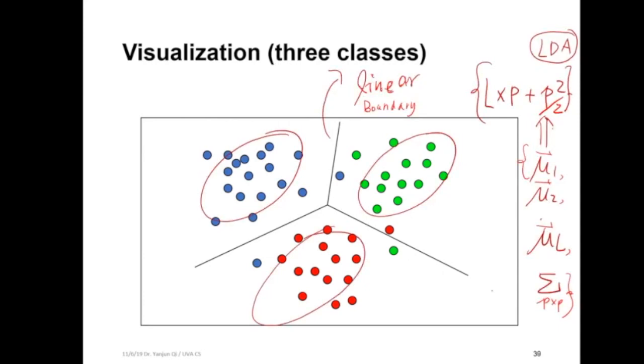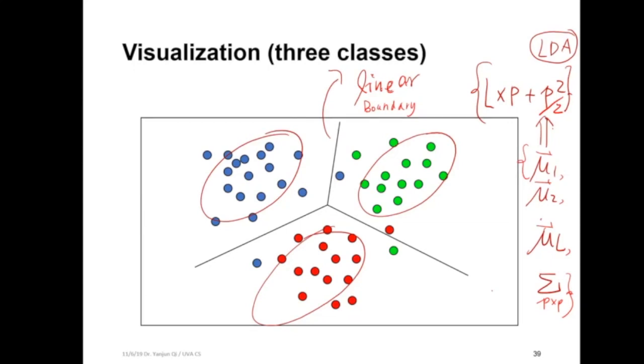Sorry, my handwriting sometimes looks bad. Again, the number of parameters you need to estimate is a mean vector for the first class, second class, until the Lth class, plus just one shared covariance matrix. The number of parameters is L times P plus P quadratic over 2.